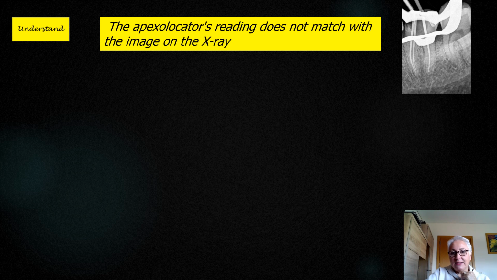So what to do in cases when the apex locator readings do not match the X-ray image? I told you that in the guidelines from the European Endodontic Society, the apex locator was mentioned first, and the second one was radiography. With my students, I tell them that you have to take 4 X-rays: one preoperative X-ray, the second for working length determination, the third for gutta-percha determination, and the fourth after obturation.